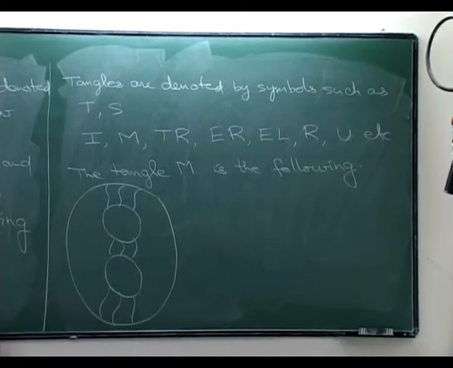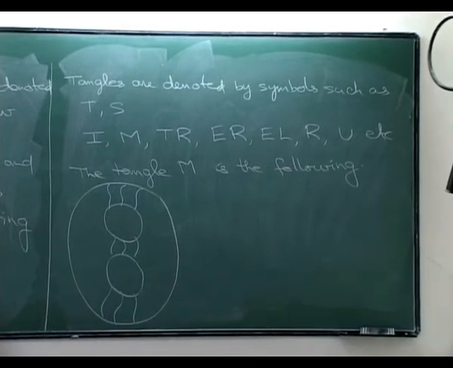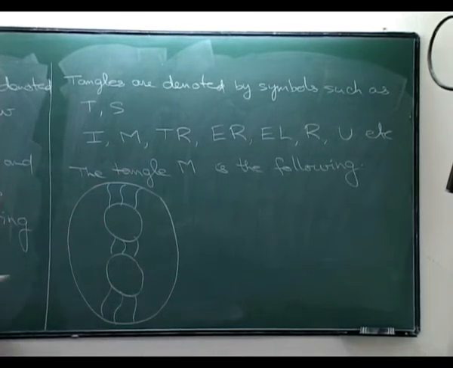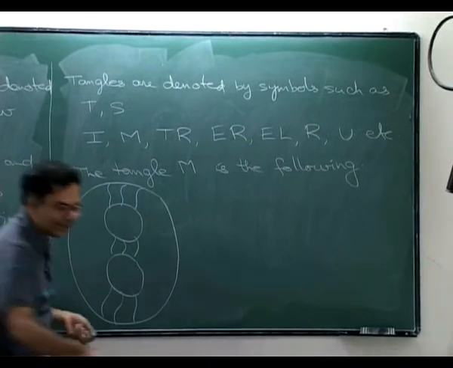Okay, so this is an example of one of the many multiplication tangles possible. This M stands for multiplication. This is called the 3 multiplication tangle because there are obviously 3 strands and the shading goes like this.